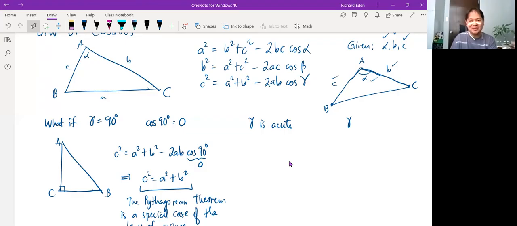Lahat ng Greek angles, kahit Omicron, let's call it alpha. All right, gamma is acute and gamma is obtuse. If gamma is right, cosine 90 degrees is 0. What if gamma is acute? What can we say about cosine gamma versus when gamma is obtuse?